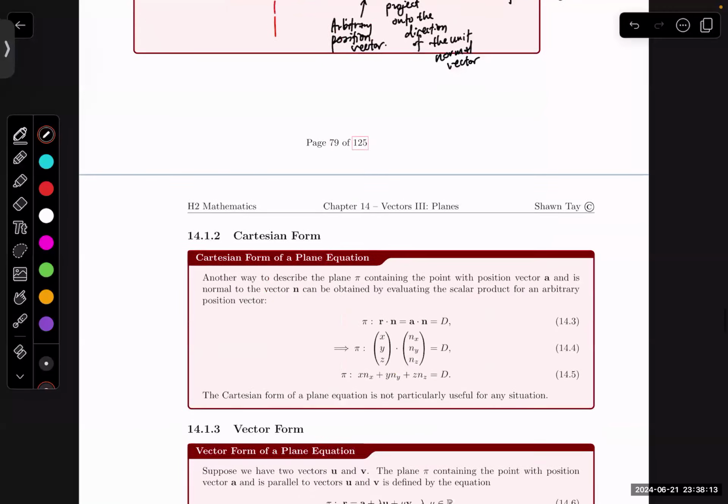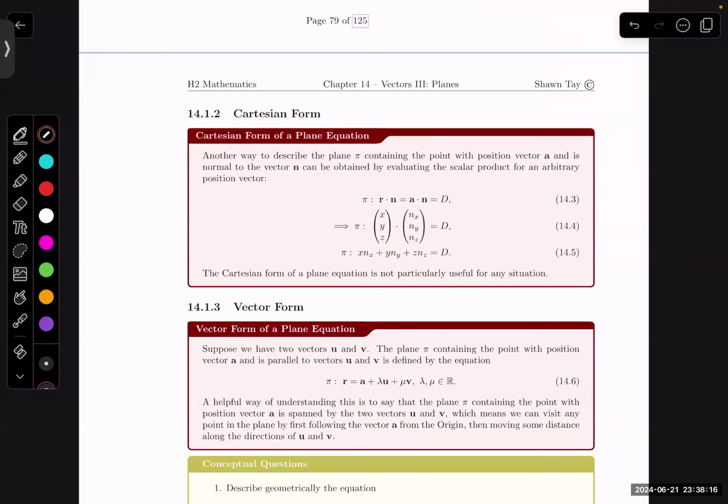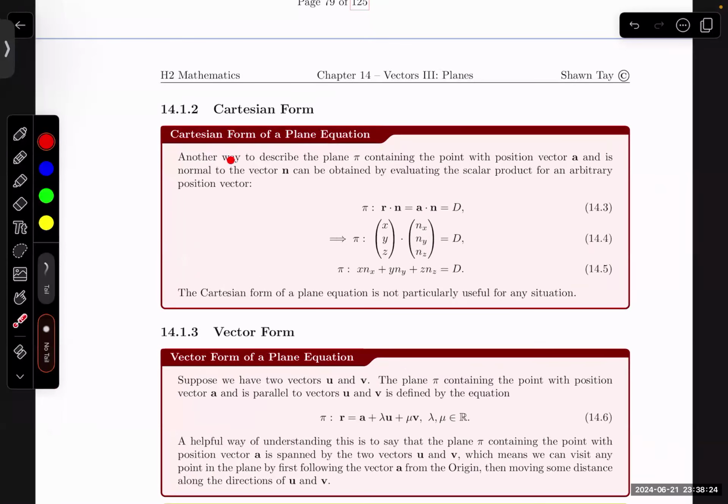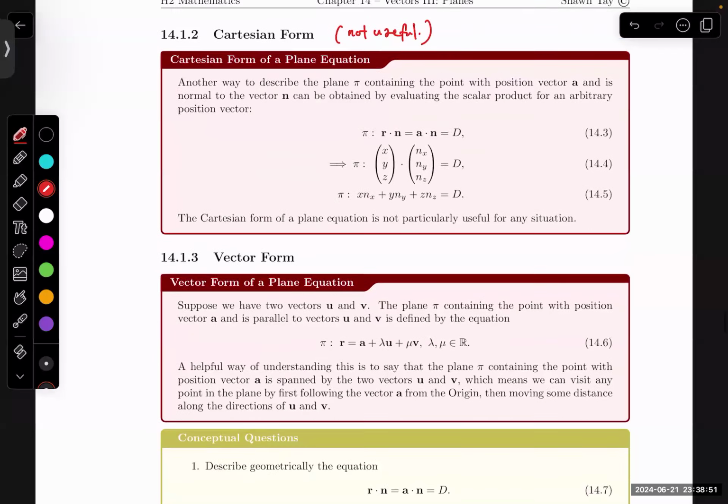Now the two other forms, Cartesian and vector form, can be easily obtained. First, your Cartesian form: you just write out the dot product, dot, dot, dot, and then you add together, you get a Cartesian form. How do you know if it's the Cartesian form? You just see x, y, z, that's Cartesian. This one's simple, but again it's not very useful.